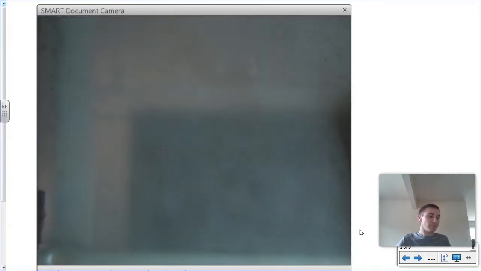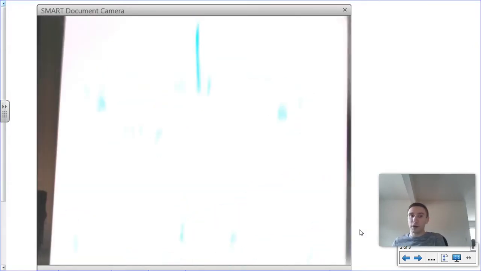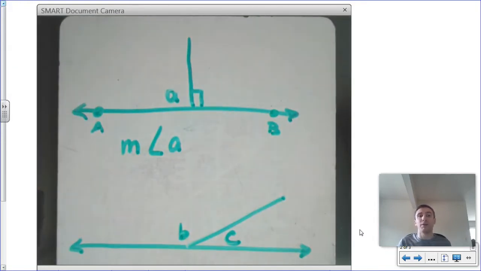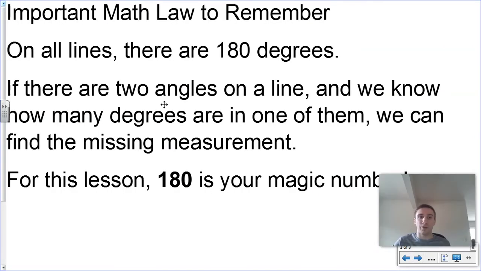Okay, so we've had all that fun now on naming angles and naming lines, and we're going to do some work now with angles on lines. That's the whole point of today's lesson. So in this particular example, we have to remember that there is a certain amount of degrees on a line.